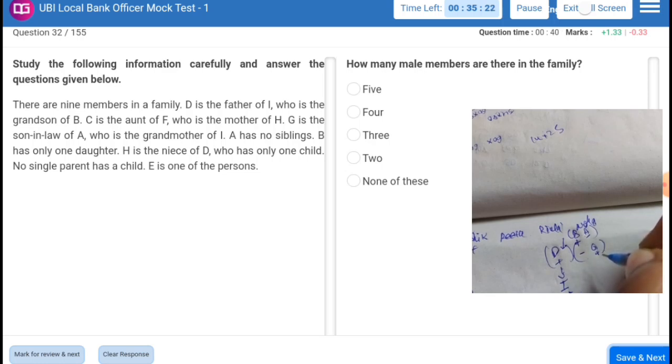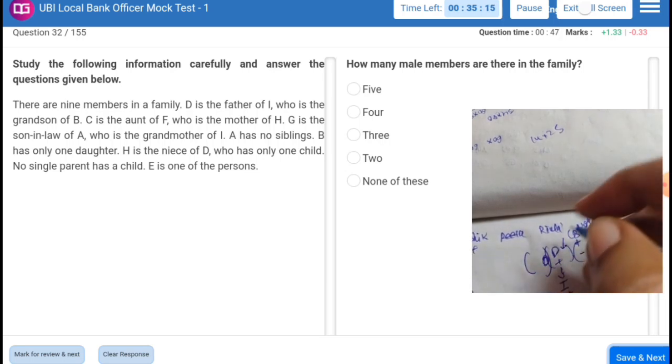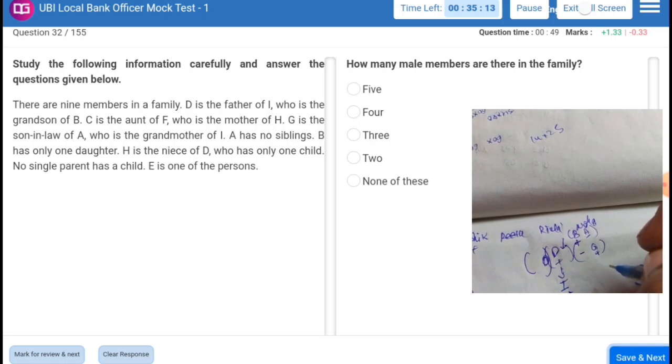B has only one daughter. H is the niece of D.